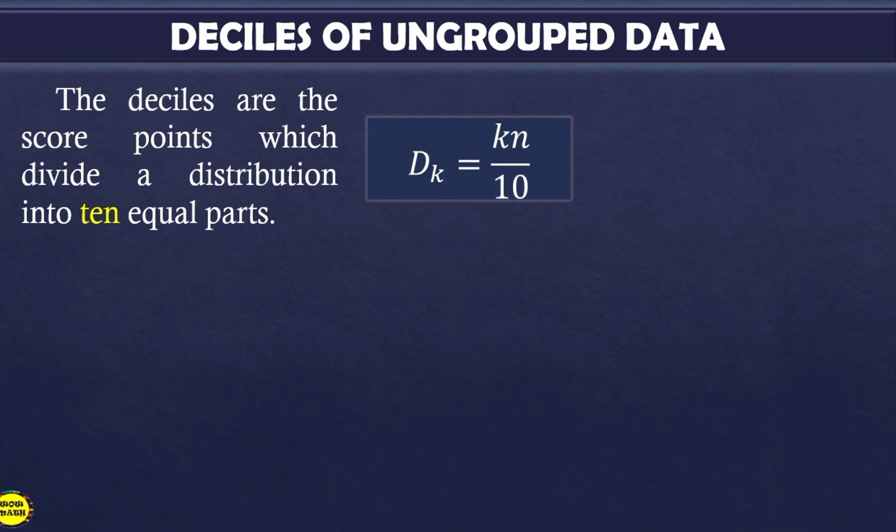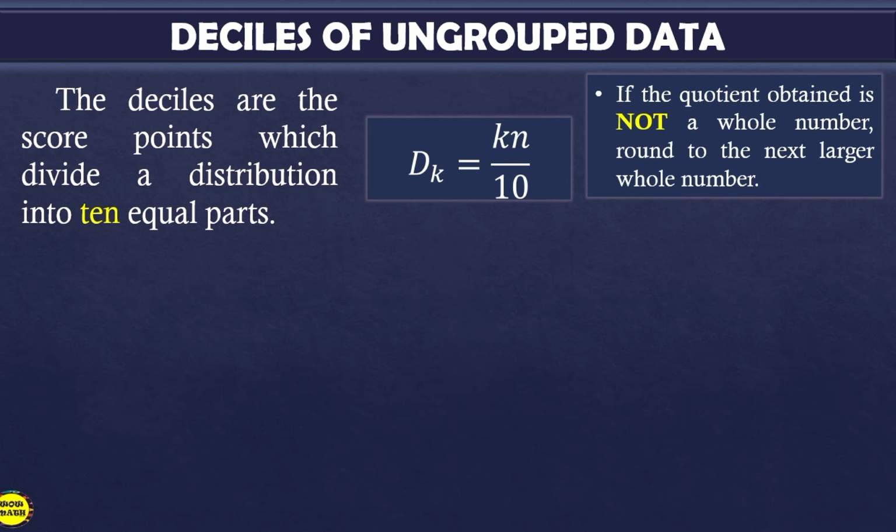Tandaan natin, kapag nagko-compute tayo ng deciles, kapag yung nakuha nating sagot ay hindi whole number, hindi siya sakto, may decimal, laging yung gagawin, i-round to the next larger whole number natin.